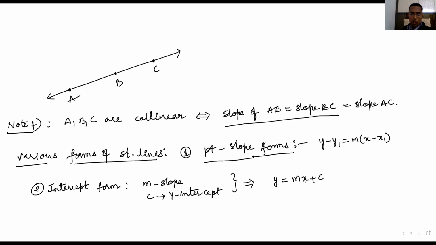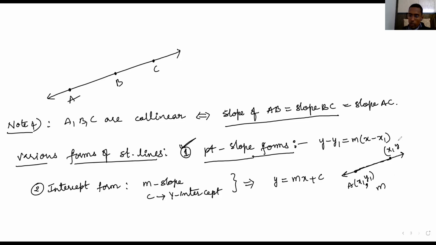So this is very important. I told you both are the same; everything comes from the first form, and I gave the proof for it. The point x1, y1 is given, and the slope m is given. Take a variable point x comma y.